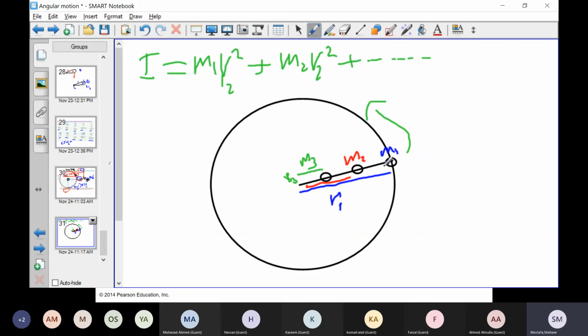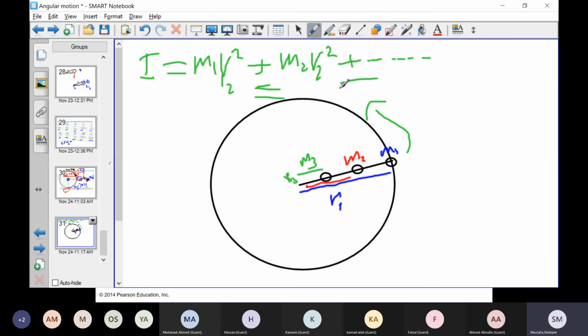We are considering M1, M2 and M3 as point masses. This means we consider all points of M1 to be at the same distance from the center of rotation. This is the meaning of point mass. And this happens when we have a very large R compared with the dimensions of the mass itself. So we will find the moment of inertia for each point individually, and we will add them together as you see.